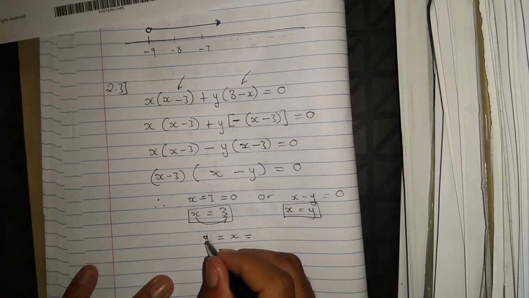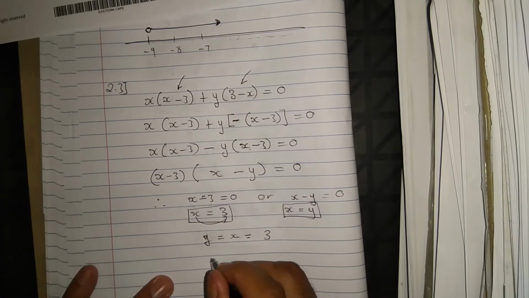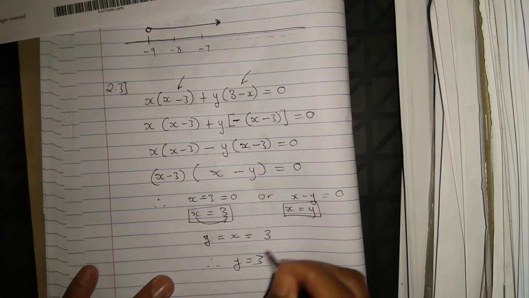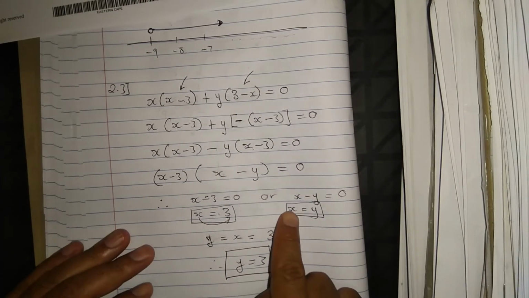But since y equal to x, it also means that y is equal to 3. So y is equal to 3, x is equal to 3. Why? Because x and y are equal. So 2.3 is finished here.